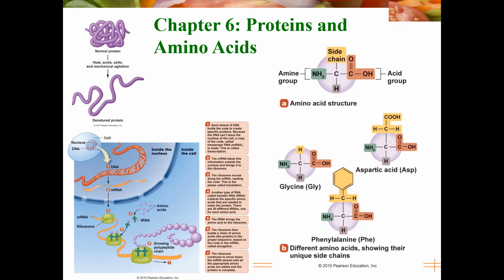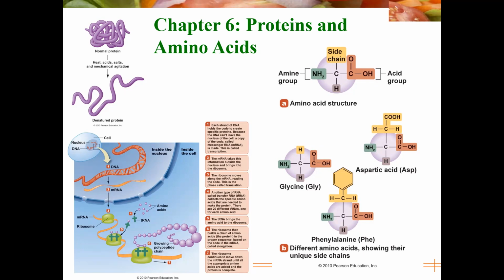And then another type of RNA called transfer RNA collects the specific amino acids that are needed to make the protein. And then there are over 20 different transfer RNA, and each of the transfer RNA is specific to one amino acid.